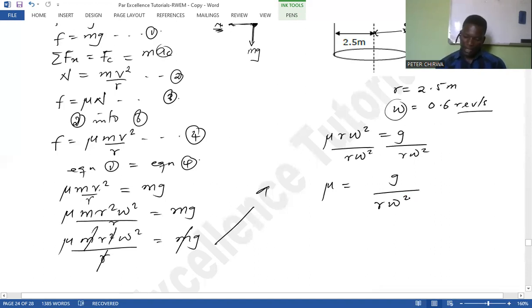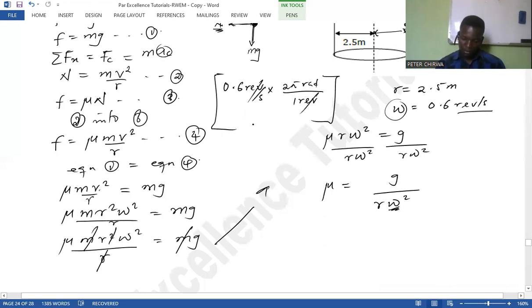So now, let me convert, because I know that gravitational acceleration is in meter per square second and r is in meters. So I need to convert this in rad per second. So 0.6 rev per second equal to 2 pi rad per 1 rev. So that and that goes.